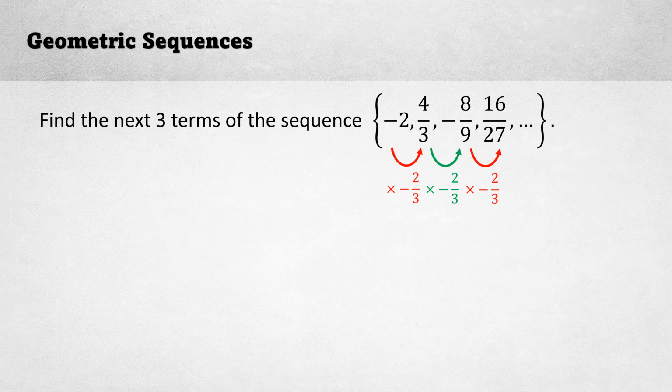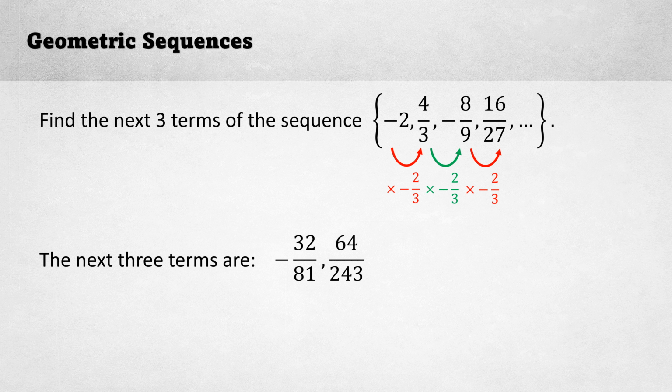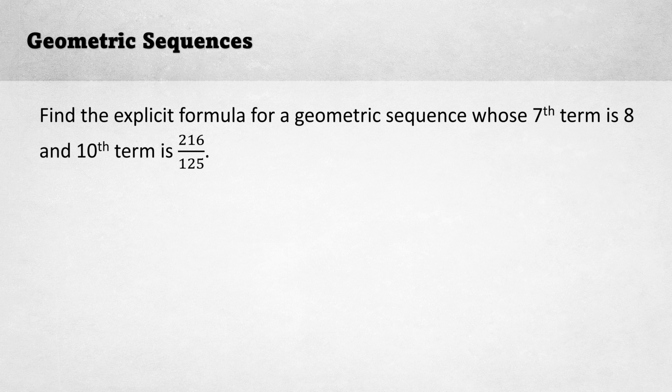In that case, we simply multiply each term by negative 2/3 to get to the next term. Hence, the next three terms are negative 32/81, 64/243, and negative 128/729.